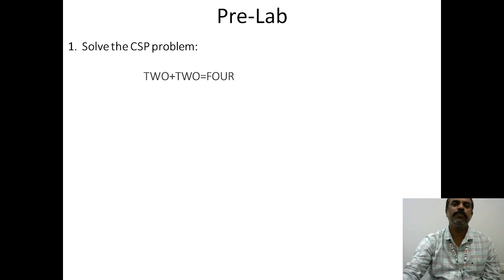This is the pre-lab which you ought to have done. Solve the CSP problem: TWO plus TWO is equal to FOUR. Do not simply read it as 2 plus 2 is equal to 4. Your objective is to find the values for T, W, O, add this TWO to TWO, and find the values of F, U, R, where O is already defined over here.